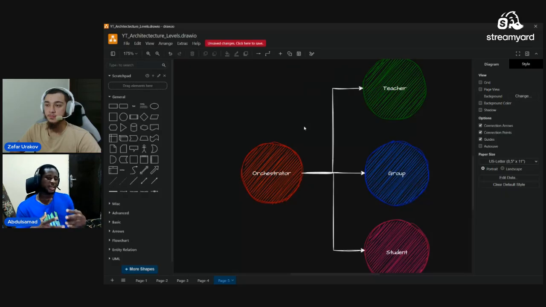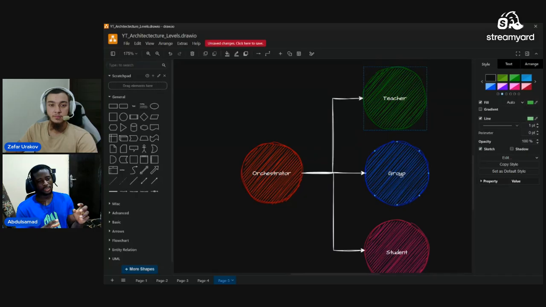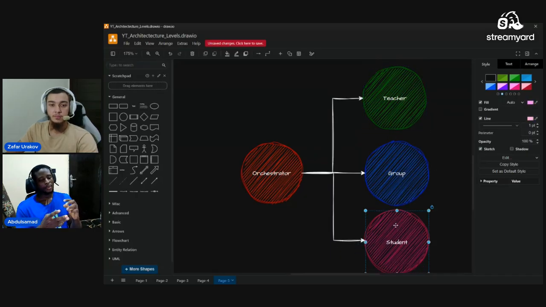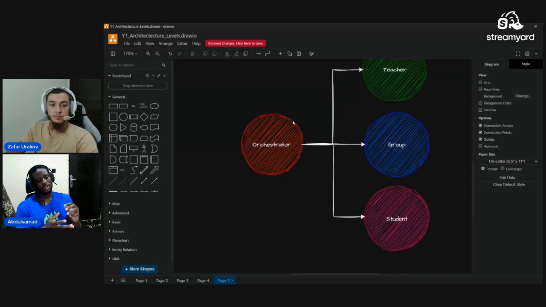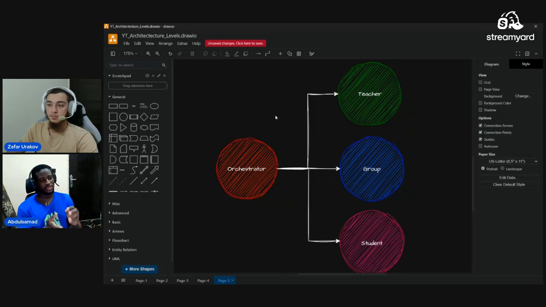So when things are getting this complex, we abide by this rule: if you have more than three services you need to talk to, you break these services down into separate orchestration services. In this case, if you have four services, one orchestration service handles two, and the other one handles two.